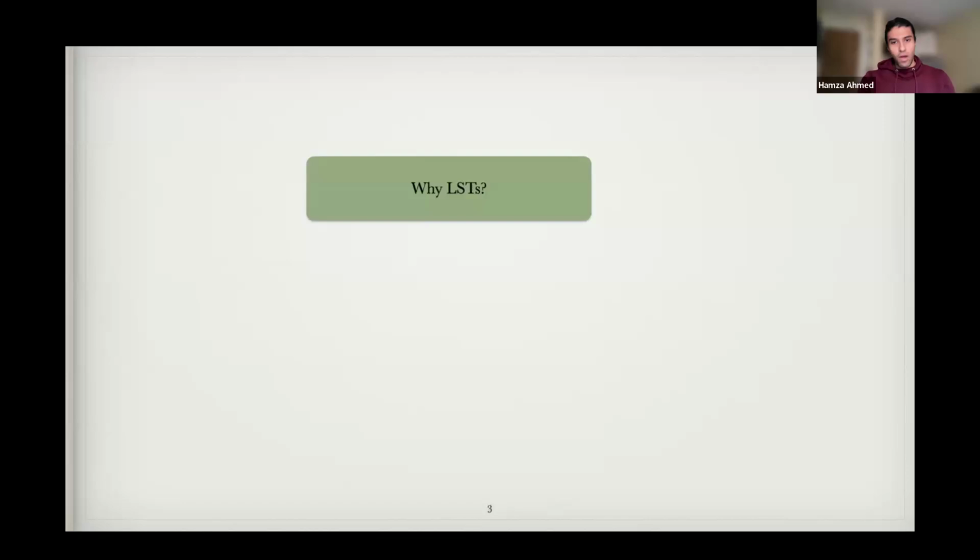Okay, so why little string theories? What's most relevant for this audience is the fact that these theories are a subsector of every 6D supergravity theory with at least one tensor multiplet, after we decouple the gravity multiplet.